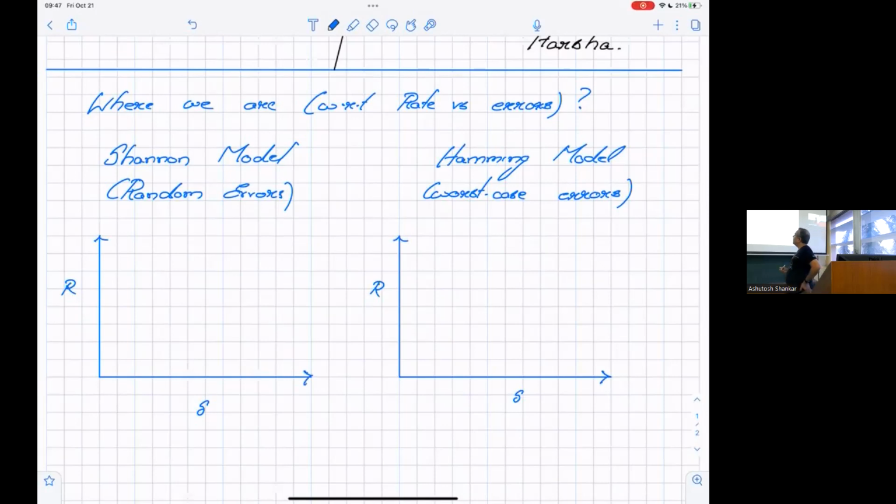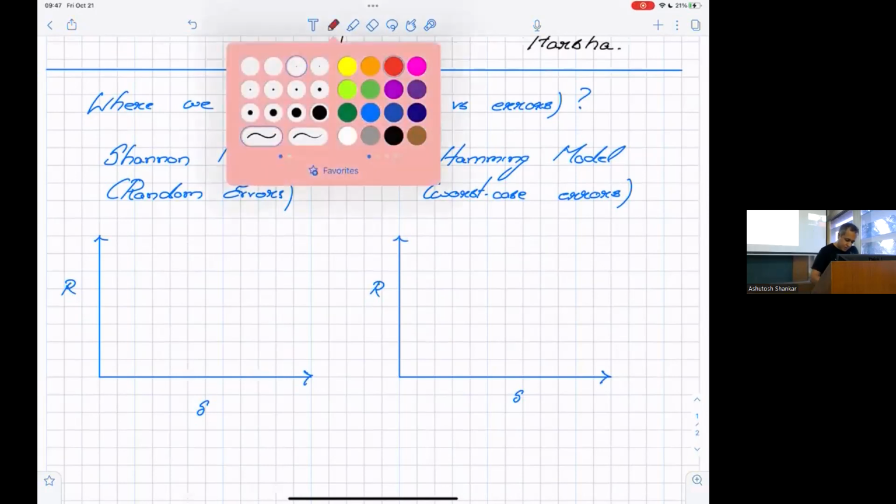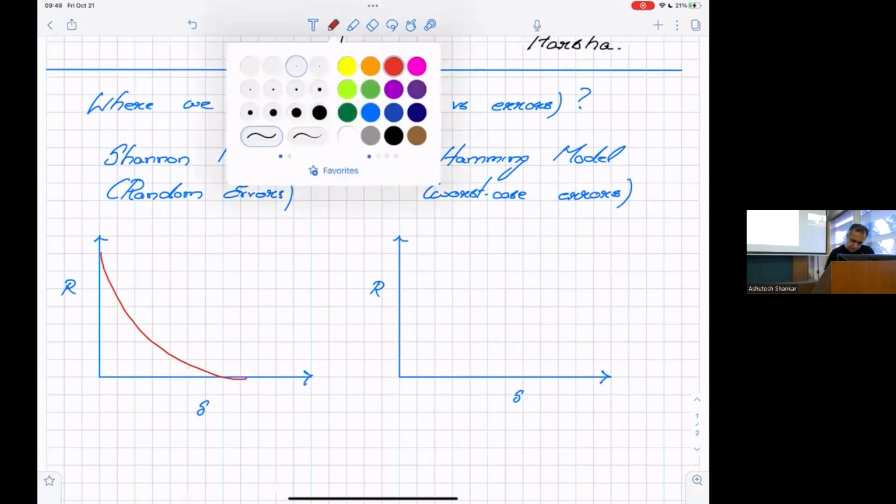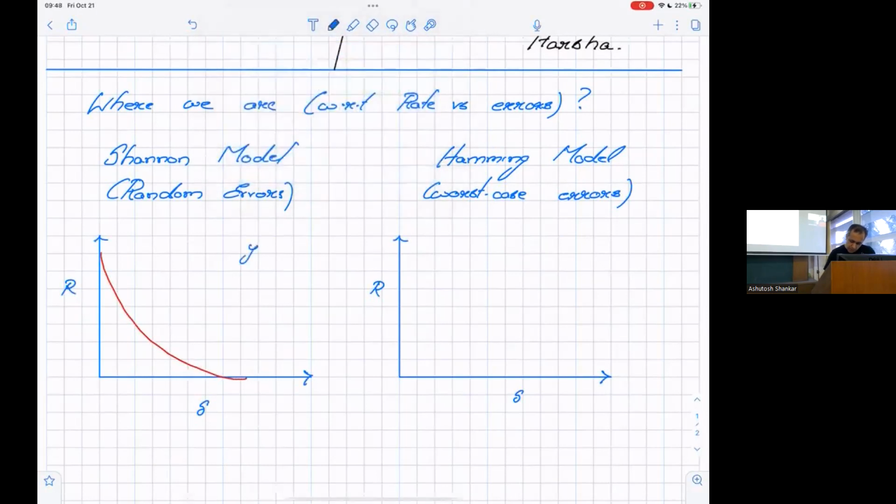Let's see what we know in the Shannon case. Shannon showed this first impossibility curve, which corresponds to y equals 1 minus h of x. You cannot do better than this curve.